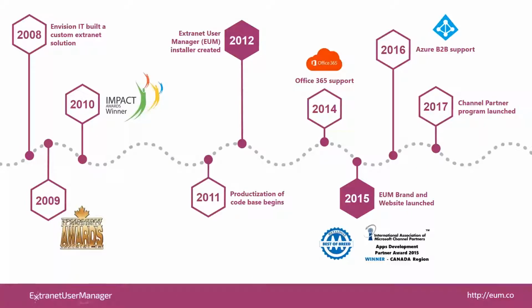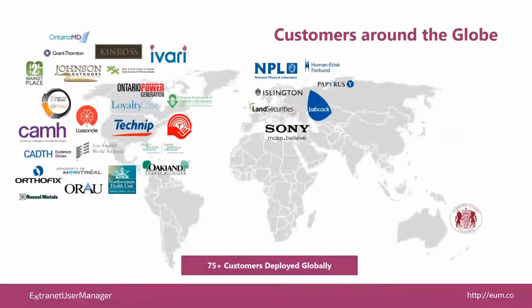We've more recently added Azure B2B support and last year launched our channel partner program. We now have, I think, more than 75 customers. We haven't updated this slide in a little bit. Primarily here in North America, some in Europe, Australia, Asia as well, all around the globe.